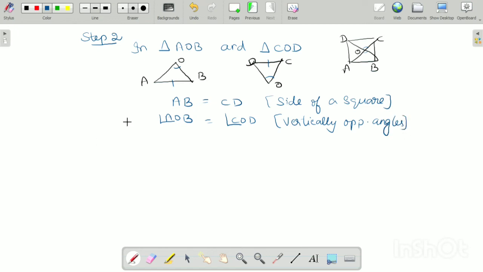Next, we take angle OAB and angle OCD. Again check from the diagram, you get an idea. What type of angle is this? Alternate angles are equal.